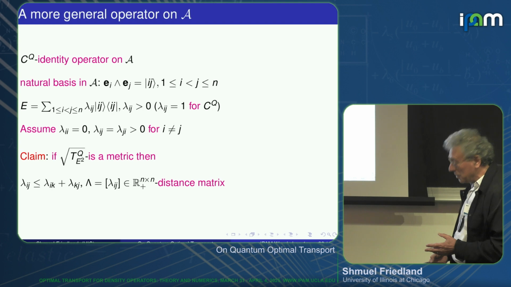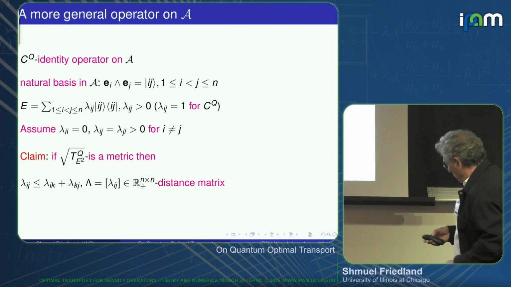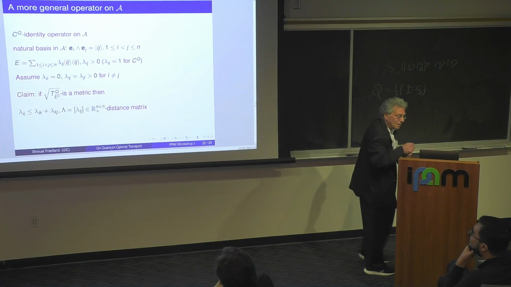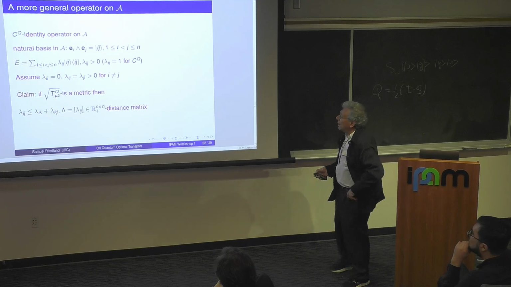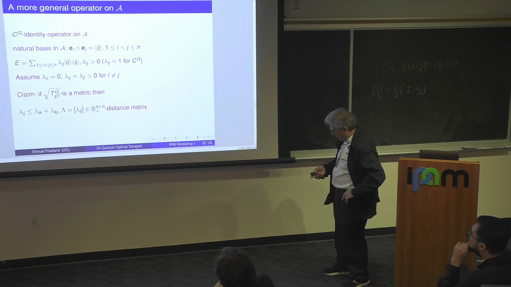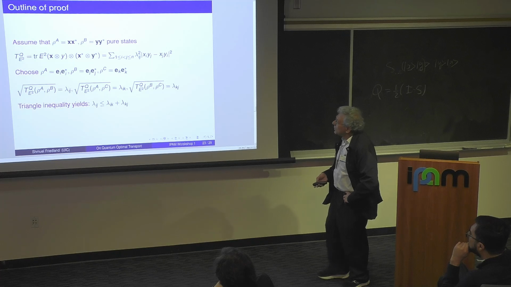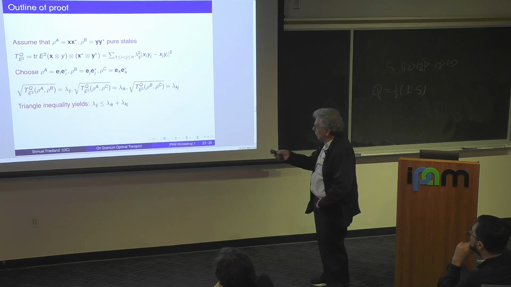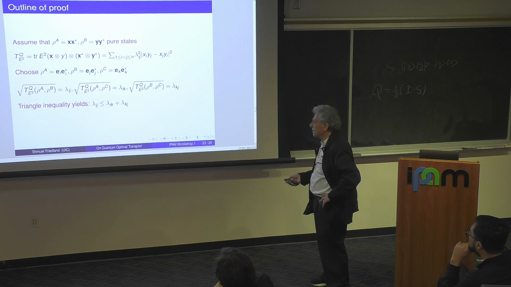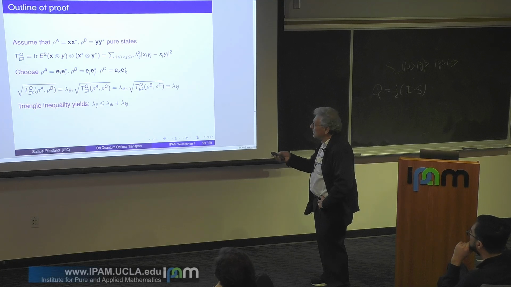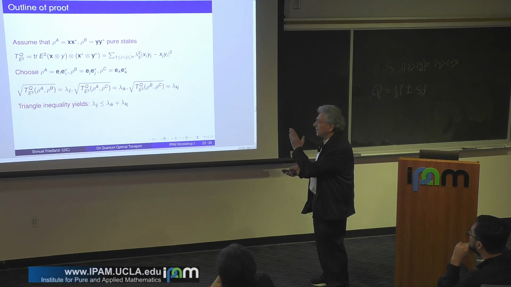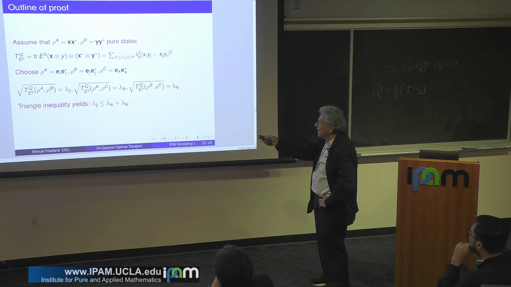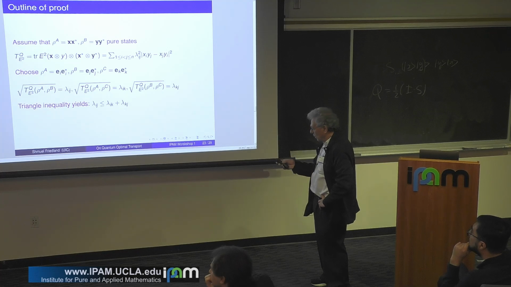This is a necessary condition, very easy to show. You just choose e_i and e_j, and you get that this is lambda ij, and you have the triangle inequality.